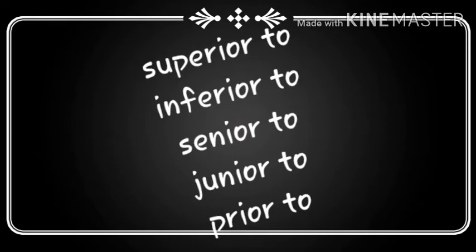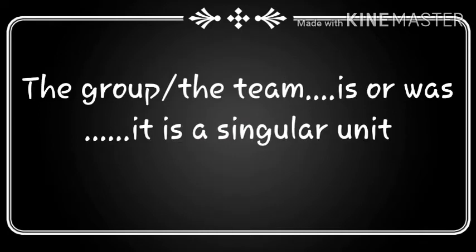Now, the next one, the group dash not coming now, or the team dash not playing today. There you have to use is or are. You are supposed to use is because the group and the team are considered as a singular unit. So you must use a singular verb, and that is or was.